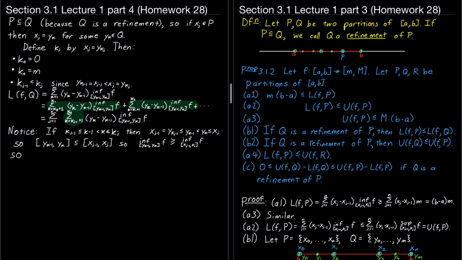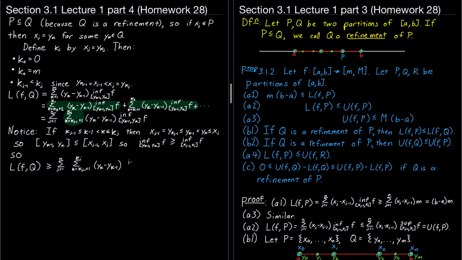So what can we write? We can write L of f over Q, that's greater than or equal to the sum from j equals 1 up to n, sum from k equals k_{j-1} plus 1 up to k_j. Then there's a y_k minus y_{k-1}.